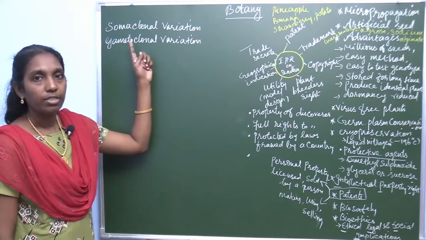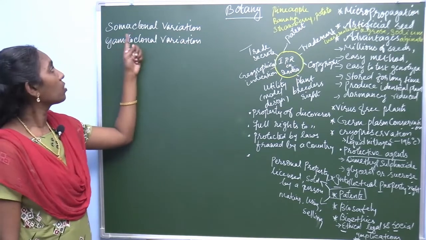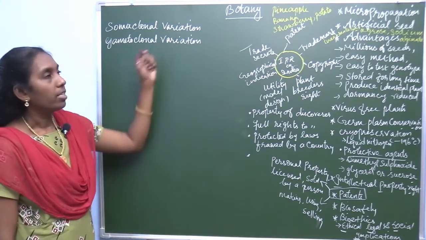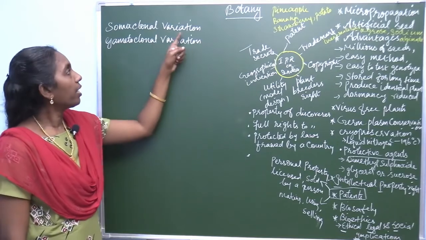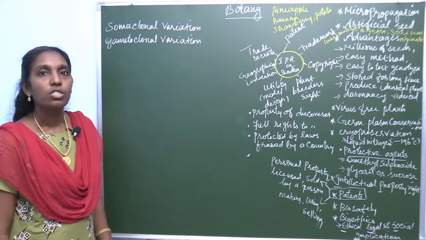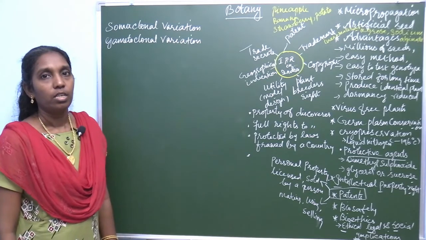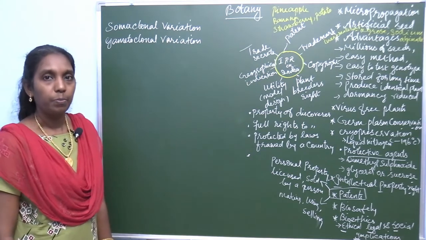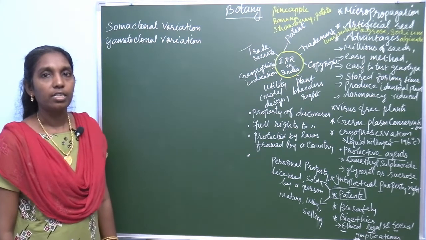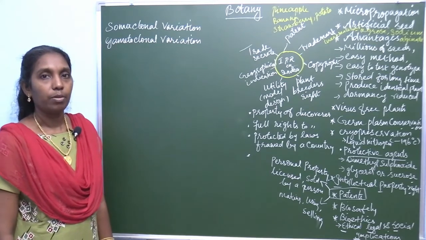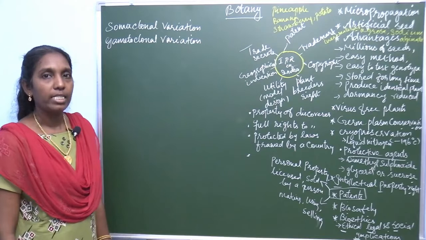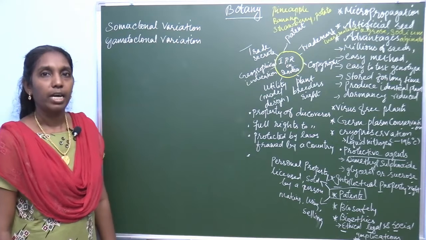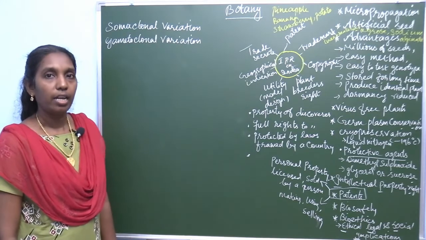First question, define somaclonal variations. Somaclonal variations are variations in the plants regenerated in vitro, from a somatic embryo, or embryoid. So any part of the plant which produces a somatic embryo shows somaclonal variations when regenerated in vitro.